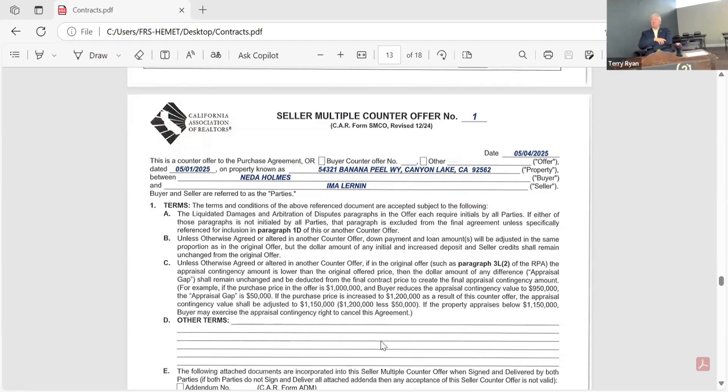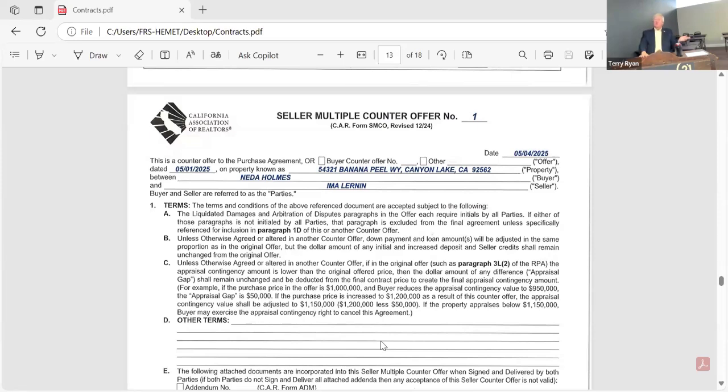The seller does not have to counteroffer both of those. They have 2 offers sitting in front of them. Only one of them is good enough for them to accept. They can just accept that one, or they can counter that one and change the price a little bit, or change the close of escrow time a little bit, and only counter one.